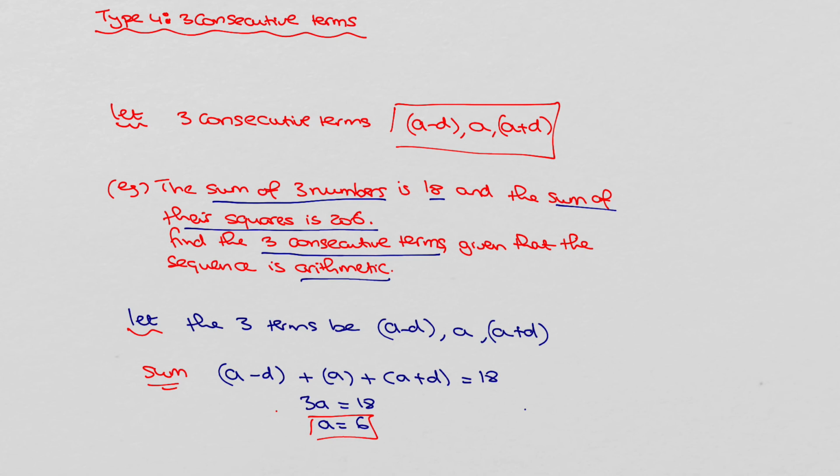So if a is 6, I can use that information then for the second equation, which is the sum of their squares. So we say sum of squares. So that means that I must take each term, a minus d, and I must square it. And then I'm going to add it on to the next term squared, which is a squared, and the next term squared.